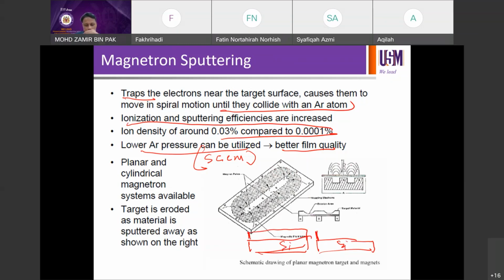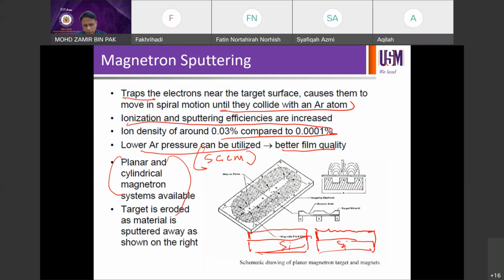When you deposit at higher pressure, you tend to get rougher films. So you can tailor the properties of your deposited layer by playing with your argon pressure in this case. Planar and cylindrical magnetron systems are available. These are the configurations available. The target is eroded as material is sputtered away, as shown on the right.